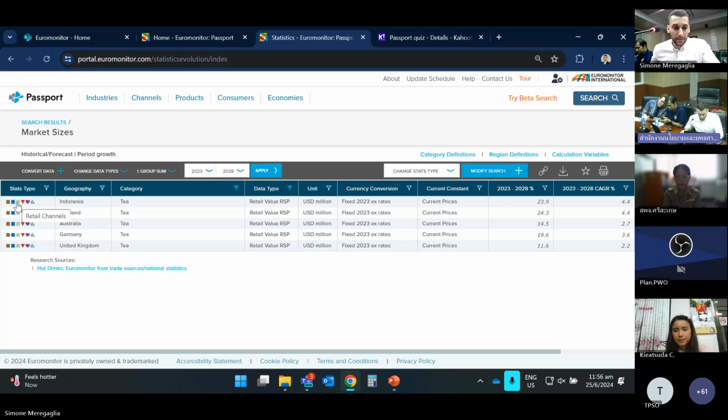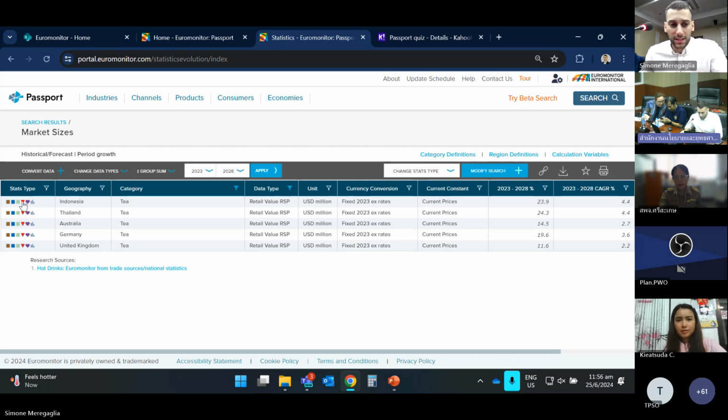And this green one is through which distribution channels, through which retail channels do they sell tea? All this information is available here. And also which products contain tea in Indonesia. Another one here is the market size of related industries in Indonesia. And finally, here we can also access directly the analysis part, which is the country report.